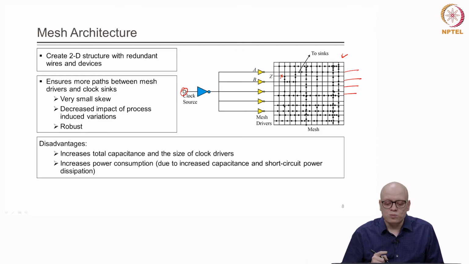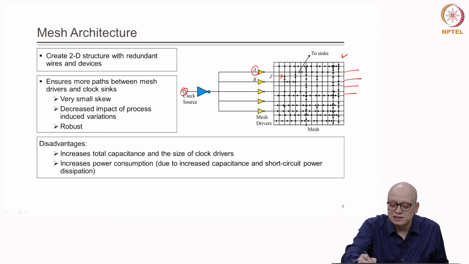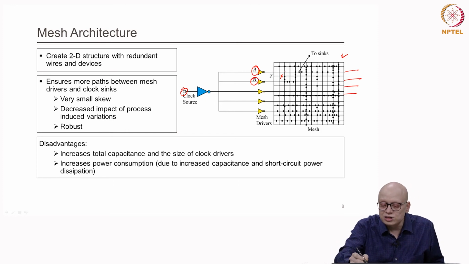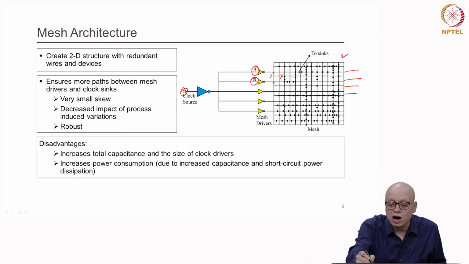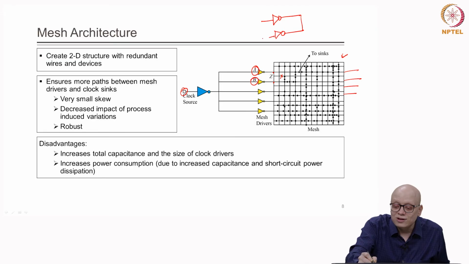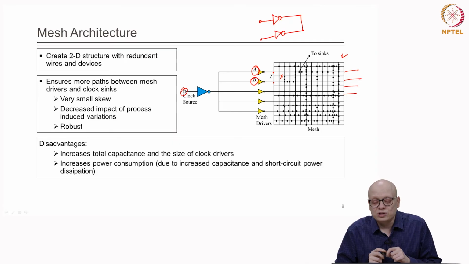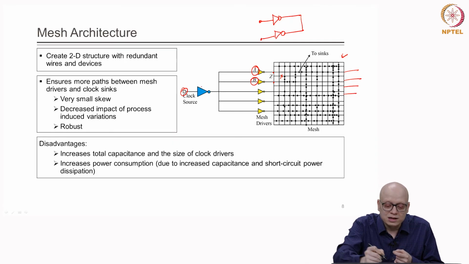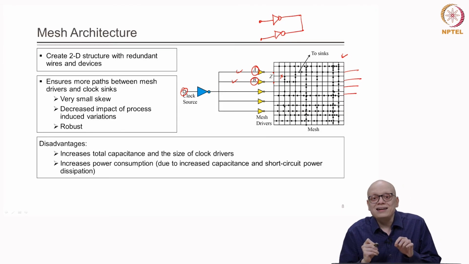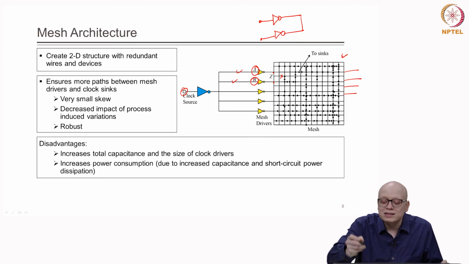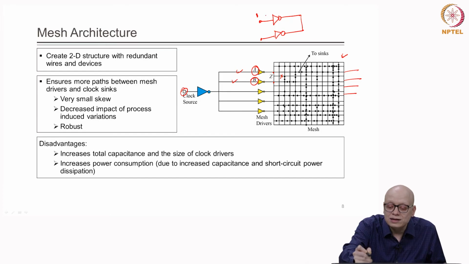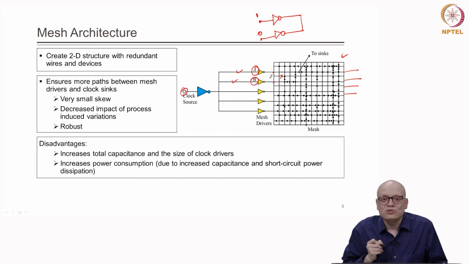Another reason for more power being dissipated in a mesh architecture is short circuit power dissipation. In this case, we can think that driver A and driver B are driving the same points, in the sense that the outputs of two inverters are being shorted. Now, if these inputs have some slight skew because of, say, process induced variation in these paths, what can happen is that one input is 1 and the other input is 0.